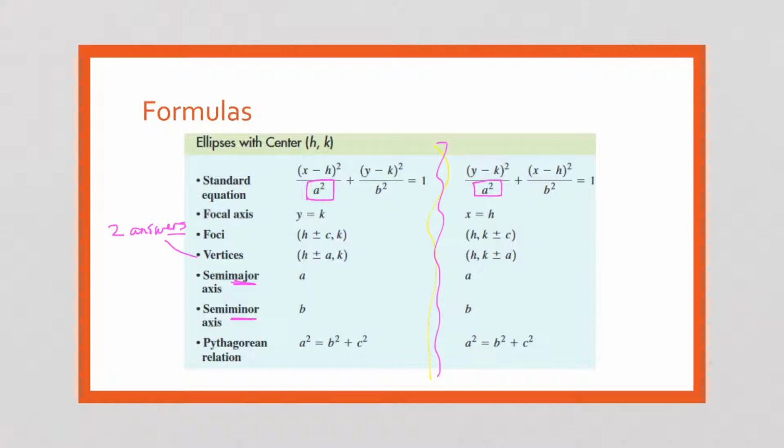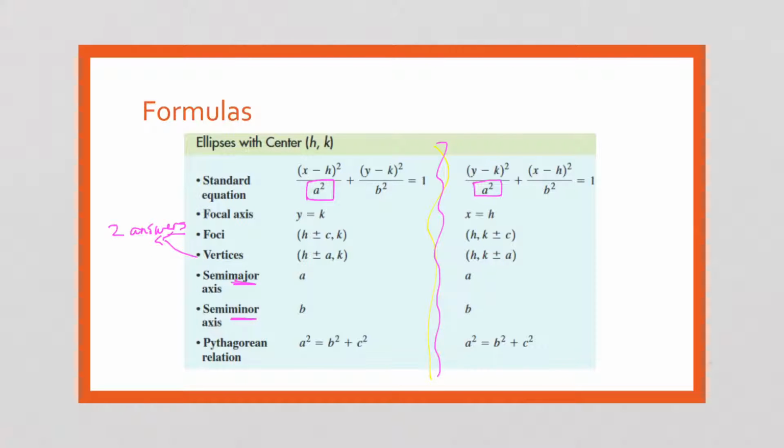Same thing with vertices. I should have two, because it's a plus or a minus. My semi-major axis is a, my semi-minor axis is b, and they come together with the Pythagorean relation. Now this is not the Pythagorean theorem, it's not a Pythagorean identity, it's a Pythagorean relation that happens for ellipses. And it's a squared equals b squared plus c squared.